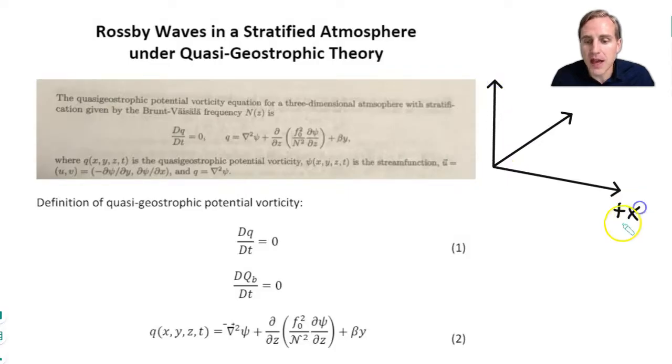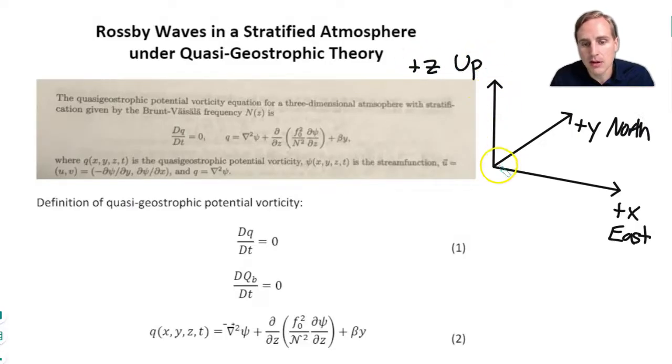So the positive x direction is going to be east, the positive y direction is going to be north, and the positive z direction is going to be upward. Okay? So imagine that each of these is perpendicular to one another. I try to do my best here to draw some sort of three-dimensional axis.